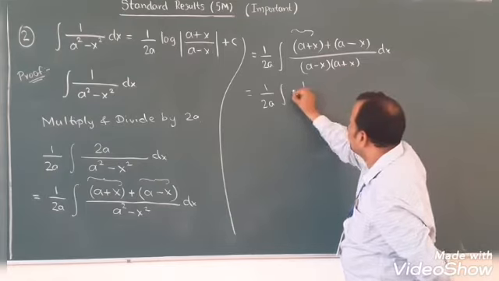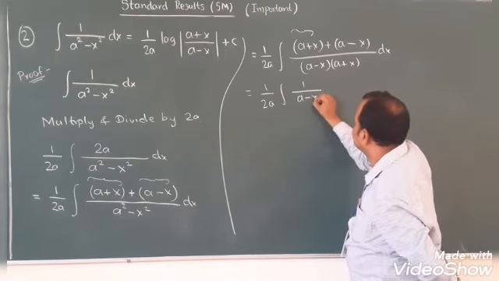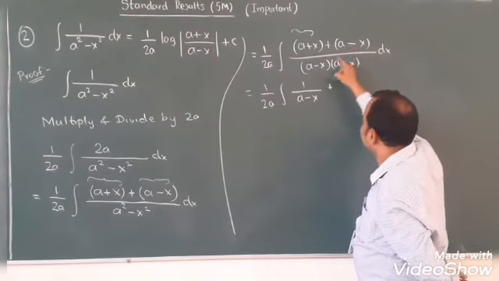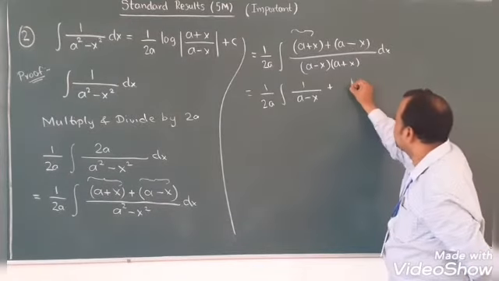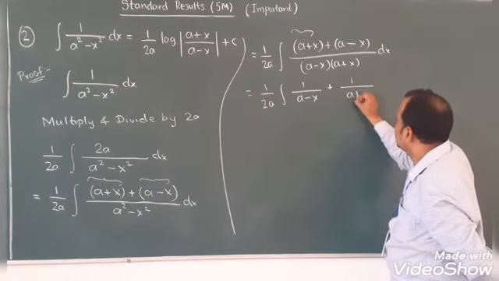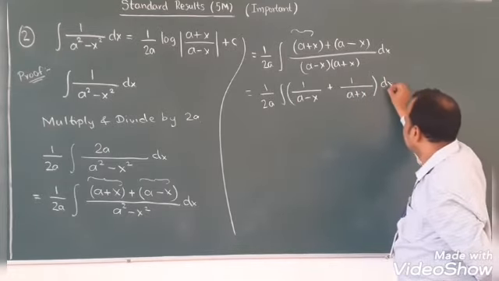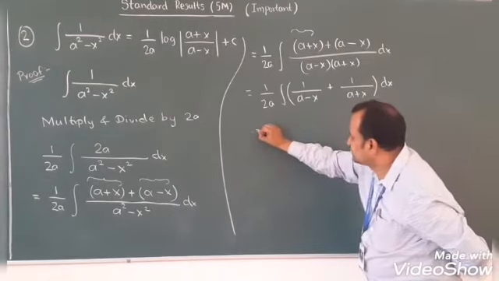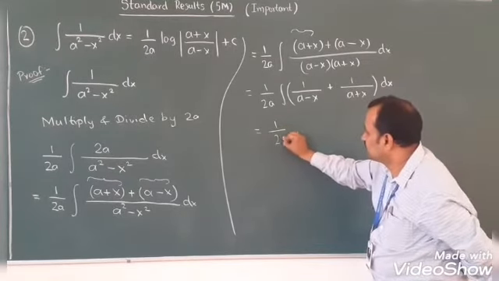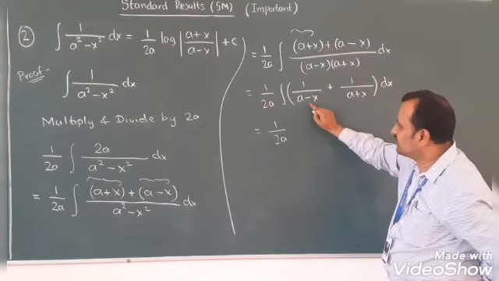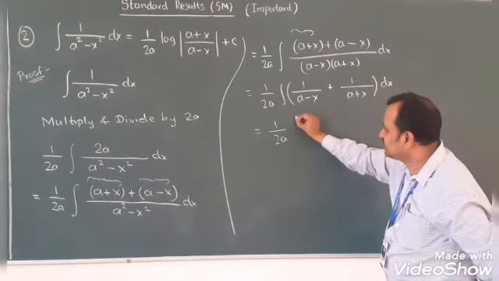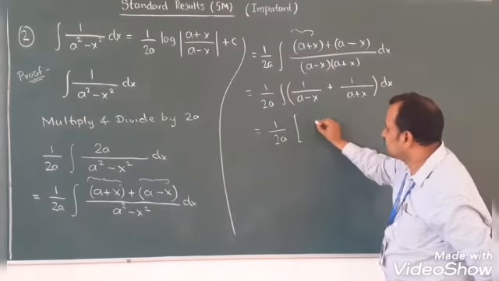You will get 1 by a minus x plus this term divided by this. You will get 1 by a plus x. Here I can say what? Dx. Or this we can write as 1 by 2a, 1 divided by a minus x. So integral is what? So here I can say log will come.